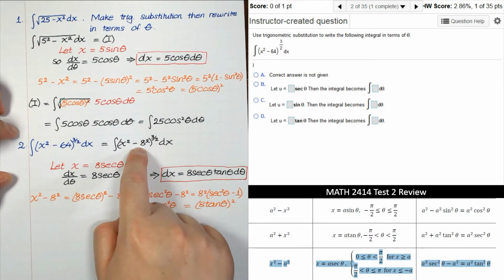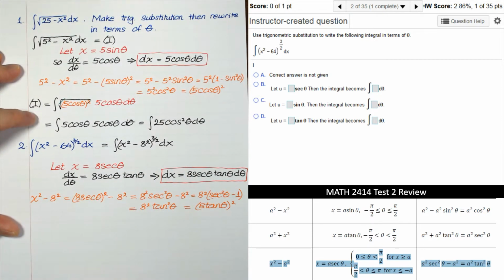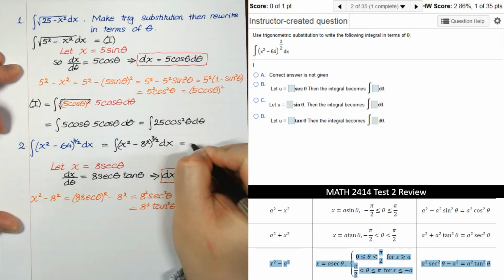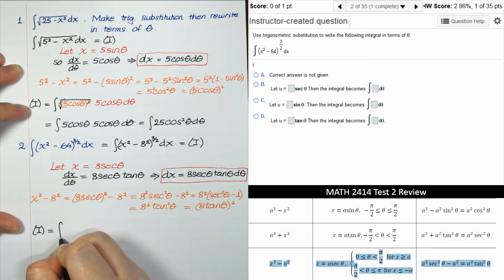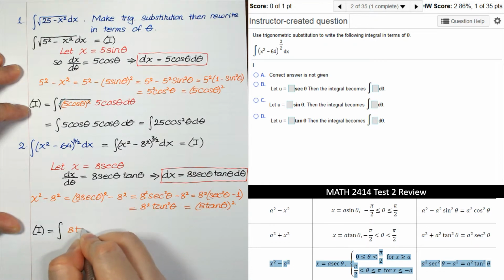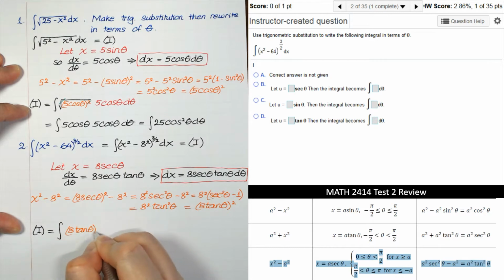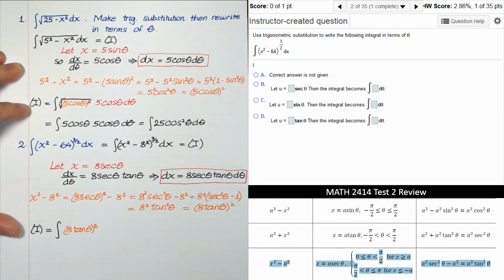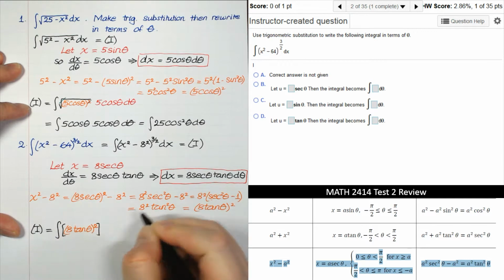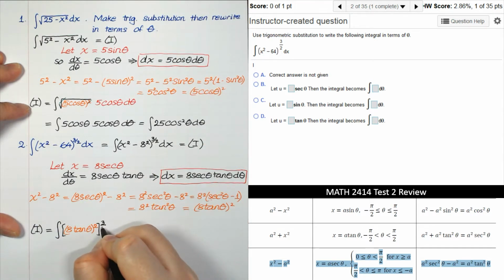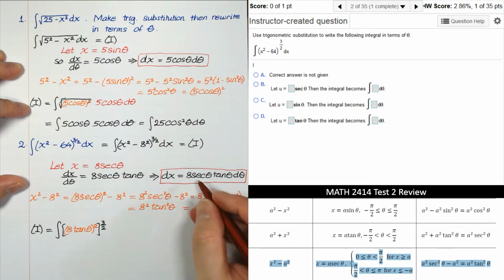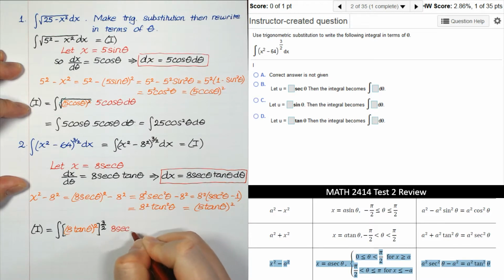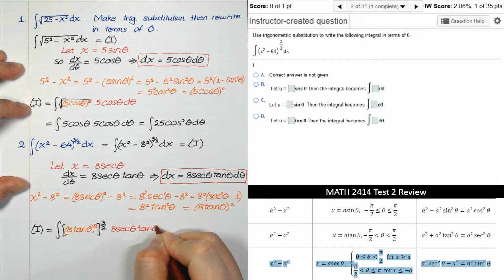Right, and now we just substitute into here. Here's this integral. So we have 8 tangent theta squared, and then to the power of 3/2, and then dx is this, 8 secant theta tangent theta d theta.